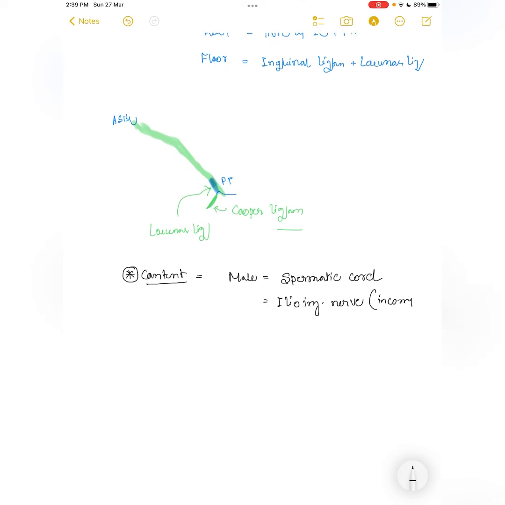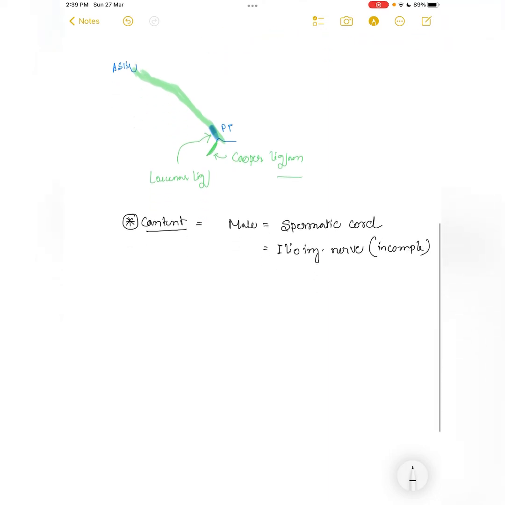I just write it, then I will explain how. In case of female, this is the round ligament of uterus, and here also the ilio-inguinal nerve, but this is also incomplete.